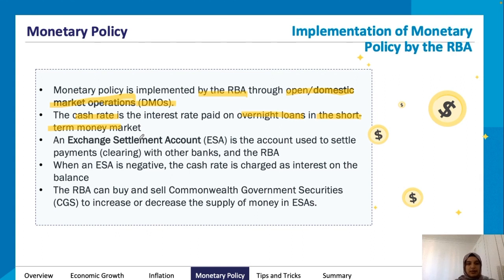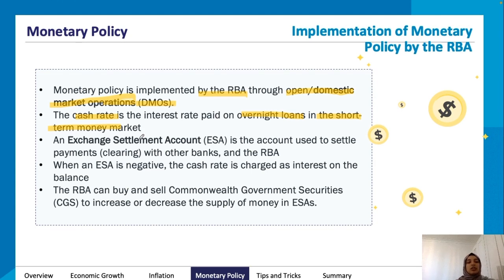So the RBA can sell or buy Commonwealth Government Securities, CGS, it's a mouthful, to increase or decrease the supply of money that is actually sitting in the exchange settlement accounts.